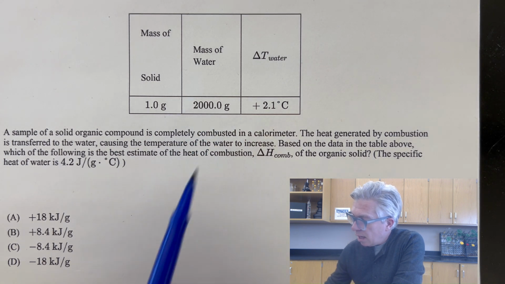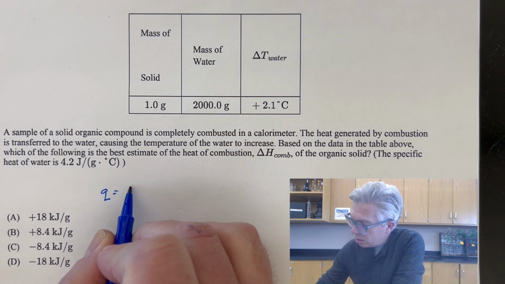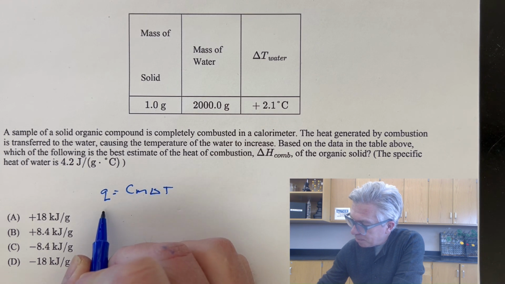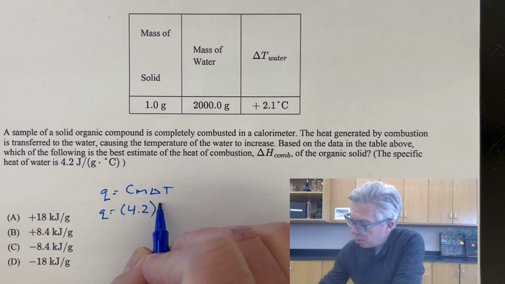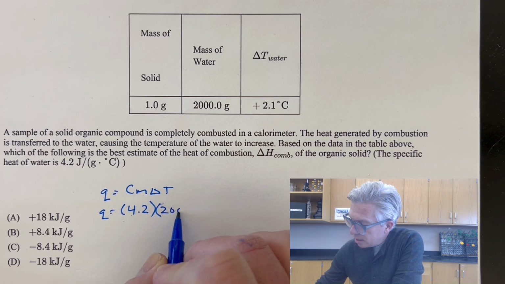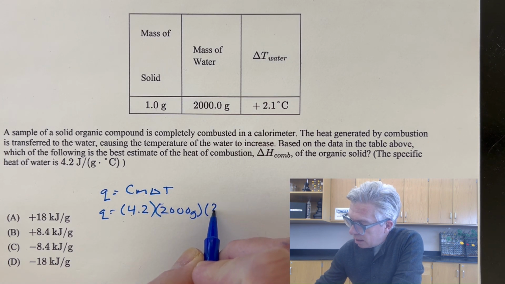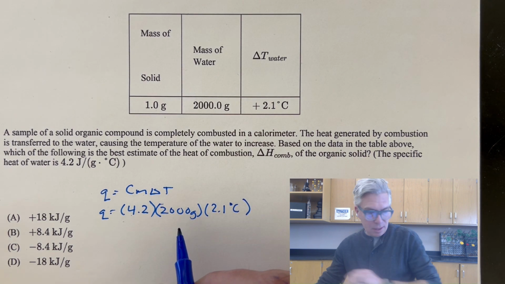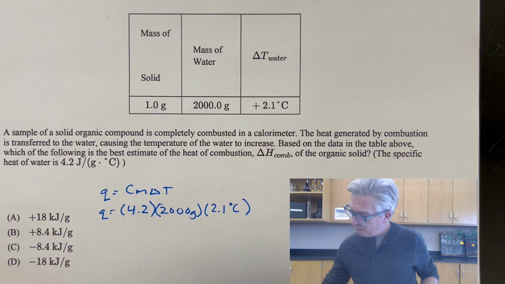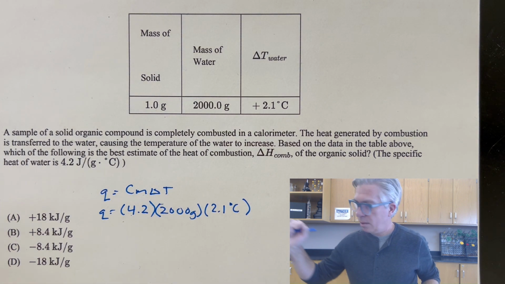I know that it heats up some water, so I'm just going to do a quick q equals mc delta T. Q equals the heat capacity of water, let's just do 4.2. The mass is 2,000 grams, and it went up by 2.1 degrees Celsius. So about 8,400.